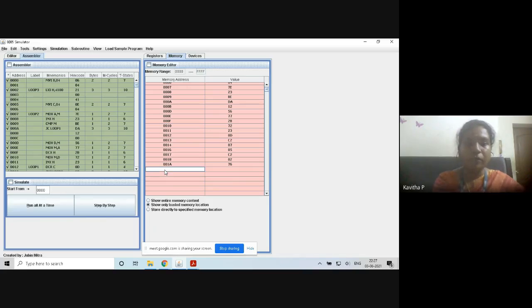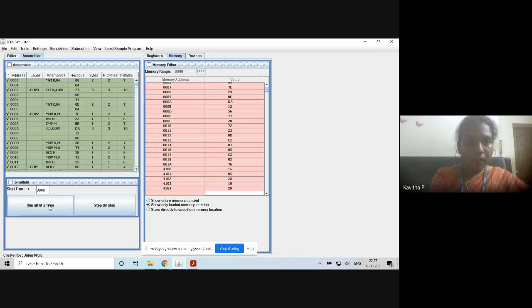Before that, we have to enter the data: 4100 equal to 15, 4101 equal to 5, 4102 equal to 25, 4103 equal to 10, and 4104 equal to 20.